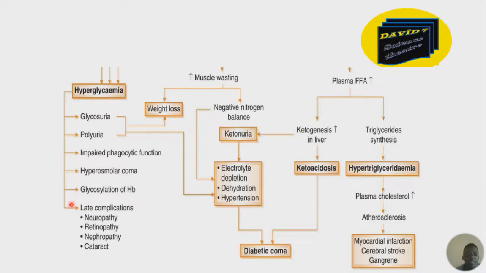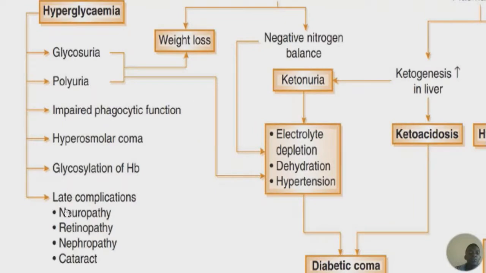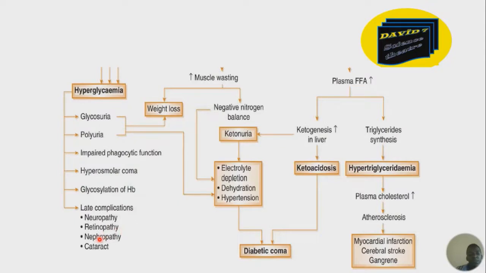Then we shall also have late complications which come over time, after years, due to prolonged or chronic hyperglycemia. These will include neuropathy, retinopathy, nephropathy and cataract. Cataract will affect the eyes. Nephropathy is a pathology of the nephrons. The retina and the nerves will be affected. There will be glycosylation of tissues around those four areas.